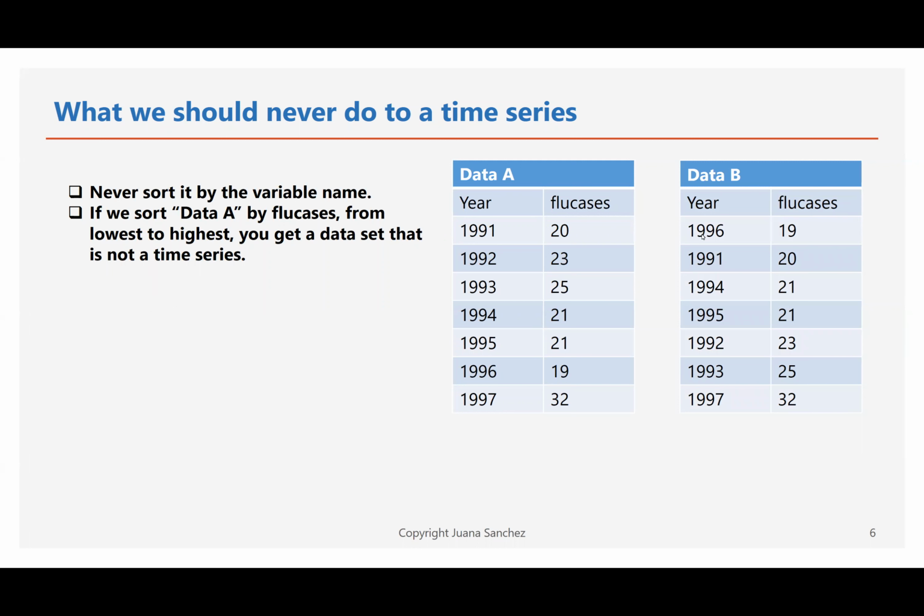Notice how in this data now, because we sorted flu cases from lowest to highest, we end up with the year 1996 before 1991. Obviously, data B is not giving us the same information as data A.